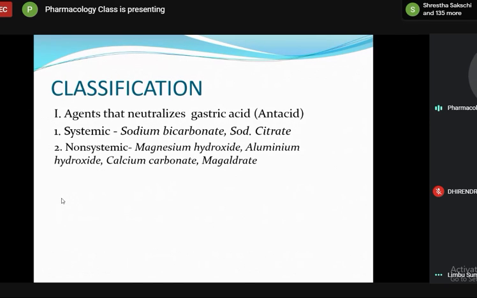What is the advantage of these combinations? Can you tell me at least one advantage of this combination?